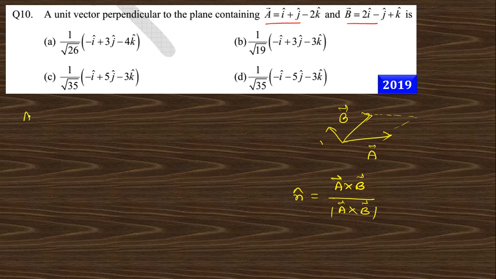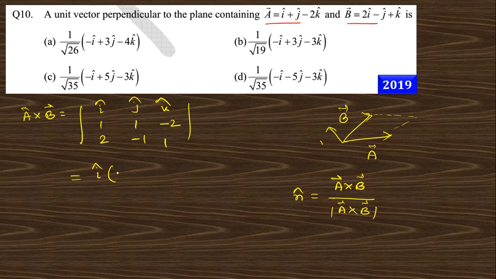So now I want to find the cross product of these two vectors. The simplest way is the determinant of it, i cap, j cap, k cap. Coefficient of i is 1, j is 1, this is minus 2. In the B vector, this is 2, this is minus 1, and this is 1.